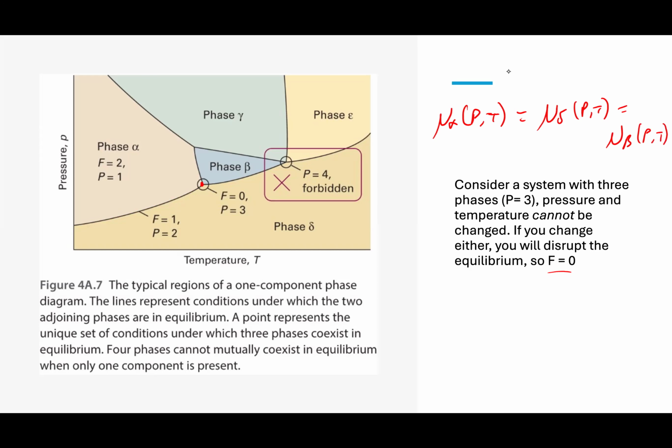It says the three phases of a one-component system are in mutual equilibrium, so the chemical potentials of all three phases must be equal. This relation is actually two equations: alpha equals delta, and delta equals beta.